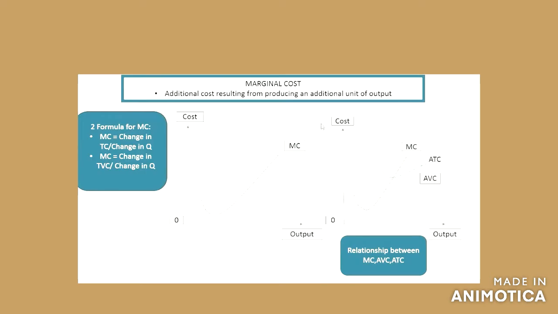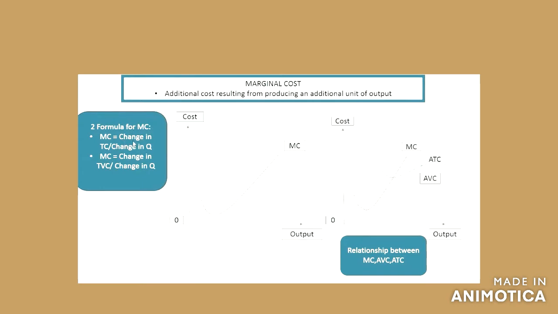So lastly, for the types of short run cost, lastly is marginal cost. Marginal cost is the additional cost resulting from producing an additional unit of output. So it is a U-shaped curve. Two formulas can be used to get the marginal cost.